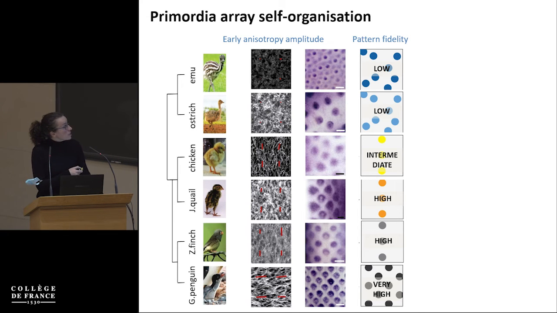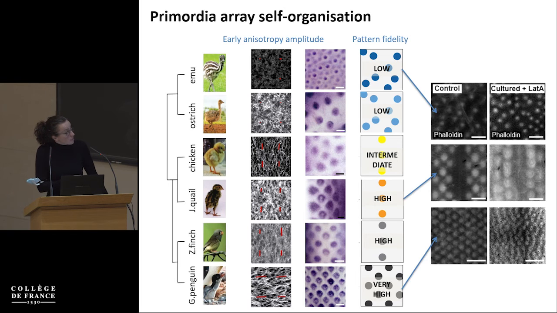And what we could see is that the higher the anisotropy of cells, so the oriented elongation along a certain axis, the higher the fidelity of the pattern. We could also observe some differences in orientation, which I won't talk about today, but happy to answer questions afterwards. So at this point, we had a pretty nice correlation between the early amplitude of cell anisotropy and the fidelity of the pattern outcome.